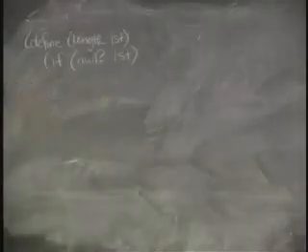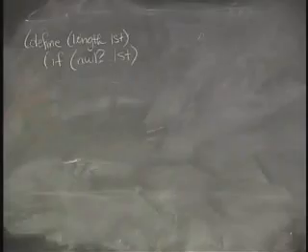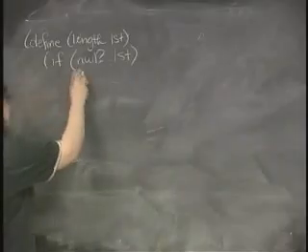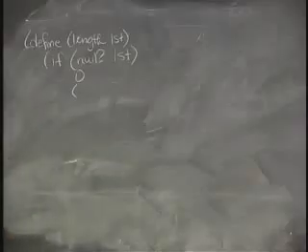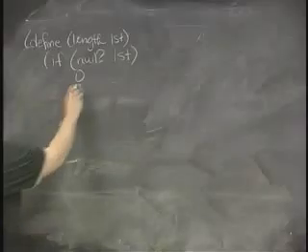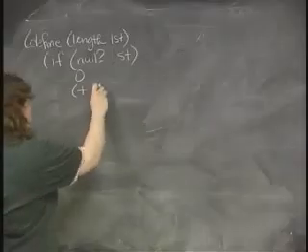If our list is null, what's the length of our list? 0. Otherwise, what should we do?